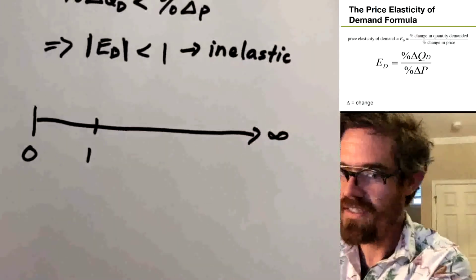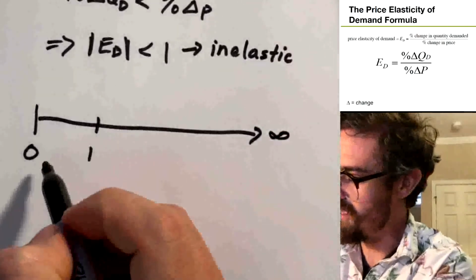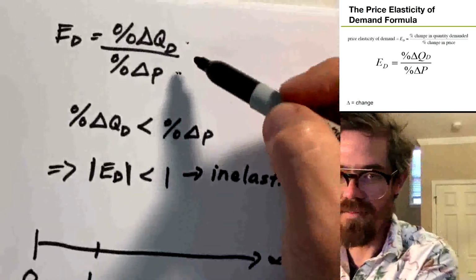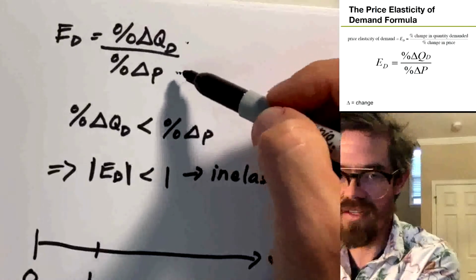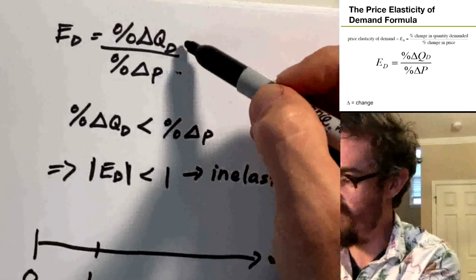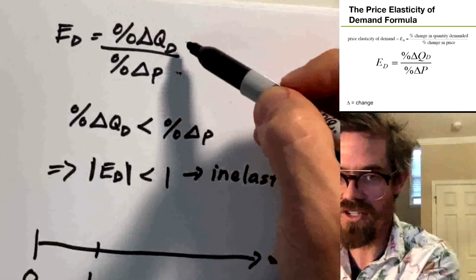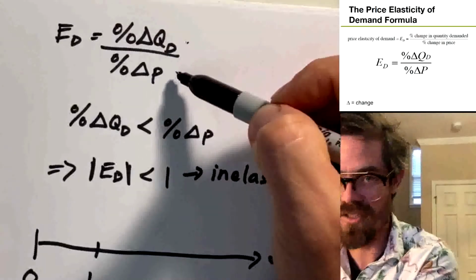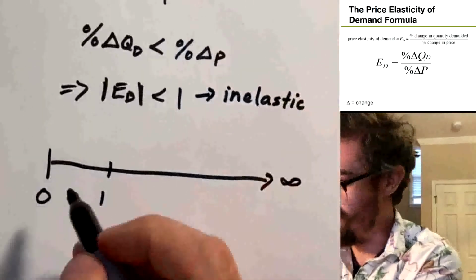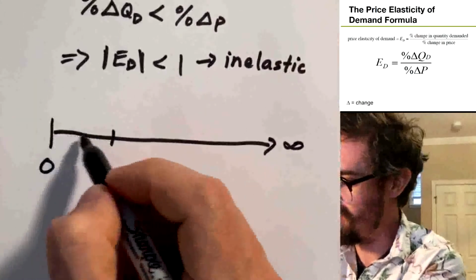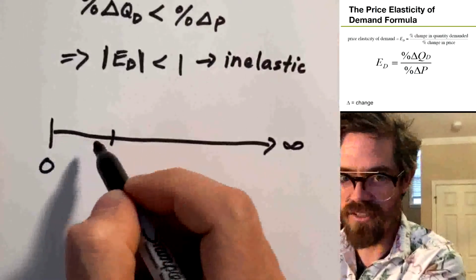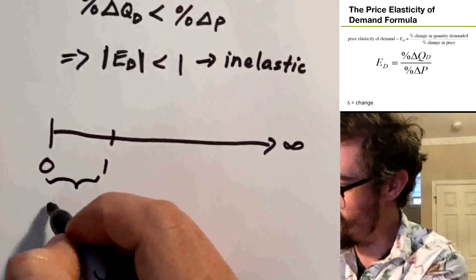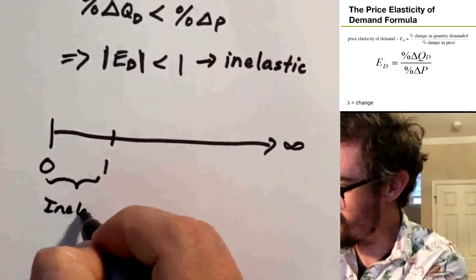But if it's between 0 and 1, it means the top is smaller than the bottom, so the response is pretty small. The response in quantity demanded is relatively small compared to the change in price. If the number is in this region, we have inelastic demand.